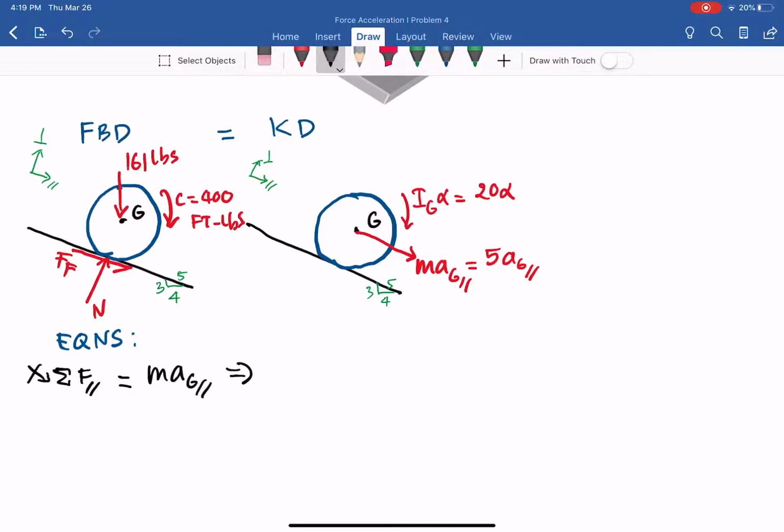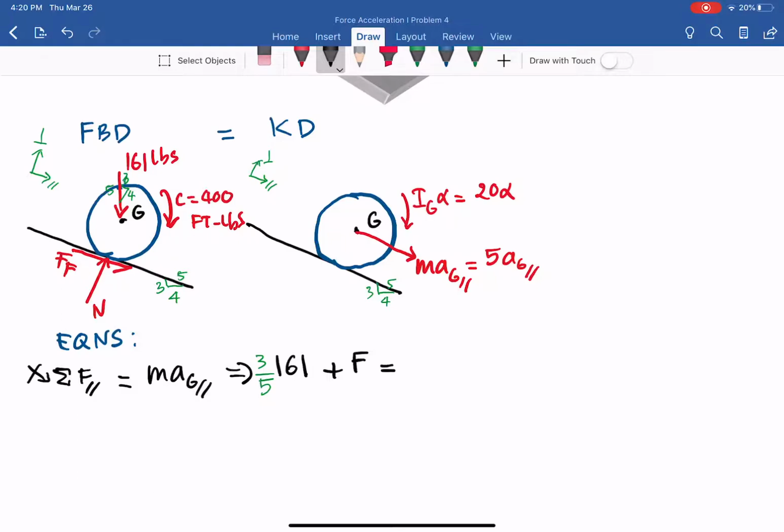So from that we have the sum of forces in x: 161, and this is a 3-4-5 slope triangle, so it will be 3 over 5 times 161, and then plus F, and the normal force is 0 here. And the couple is not in the x or y, parallel or perpendicular, force.